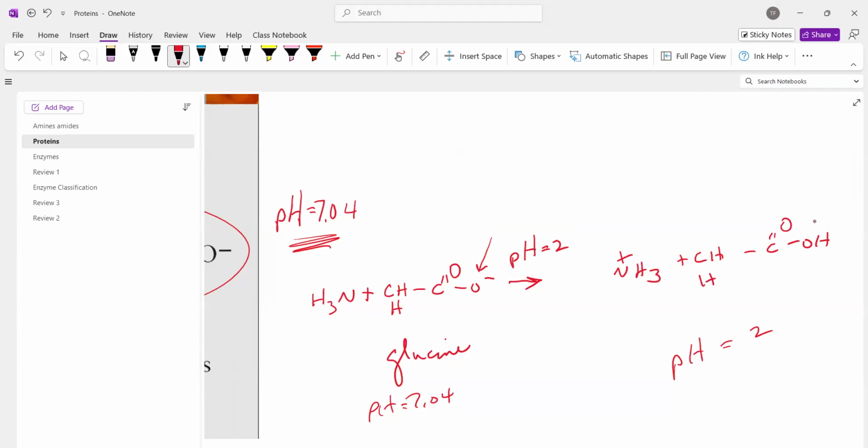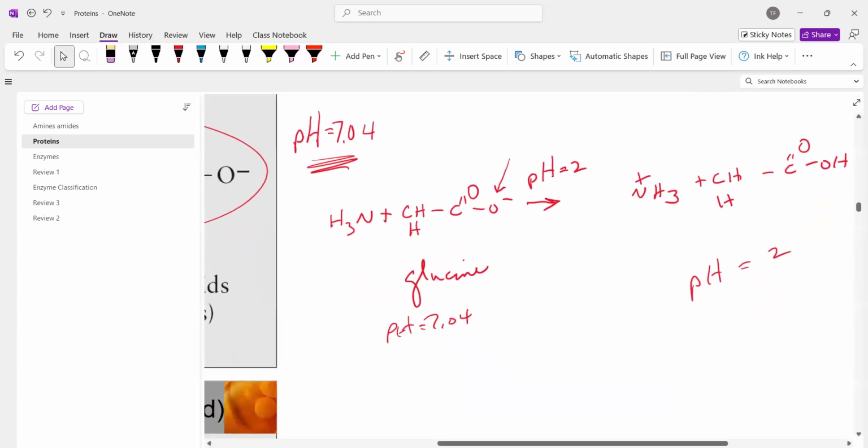So this would be pH equals 7.4 or pH 9 or something like that, but right around neutrality, physiological pH. It's still alkaline, hence this is what it looks like. We get the Zwitter-ion form.